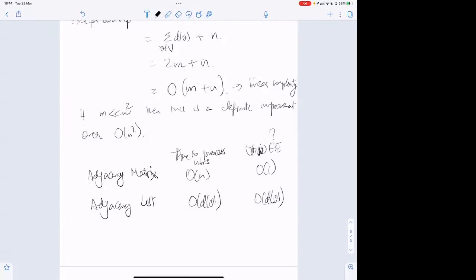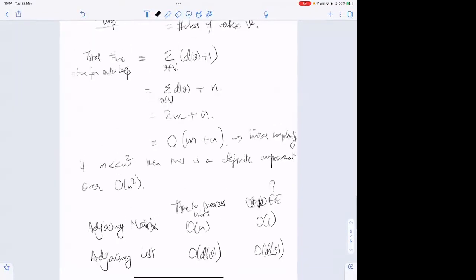Okay. So let's add some bells and whistles to this thing. One question is, how do you identify the connected components of a graph?